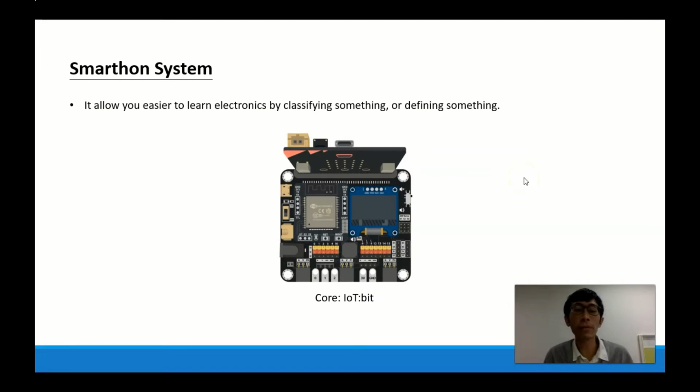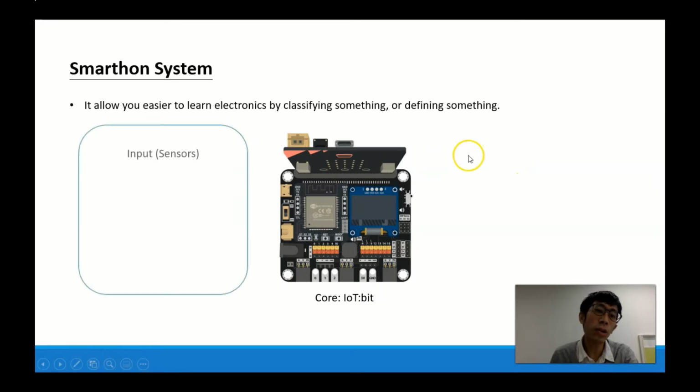So let's go back to the smartphone system. The middle one is our core IoT bit. To learn electronics, smartphone makes it easier, and we focus on learning IoT and building smart cities, smart homes, or smart plants. We don't want to teach very difficult, advanced electronic knowledge.